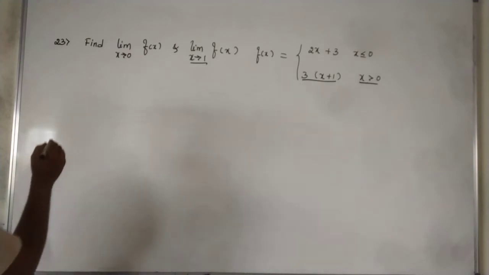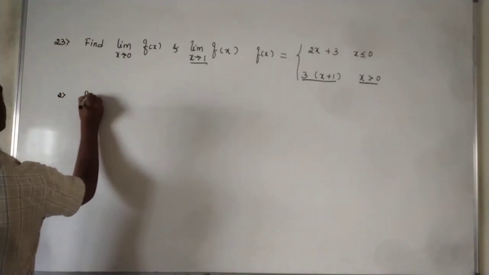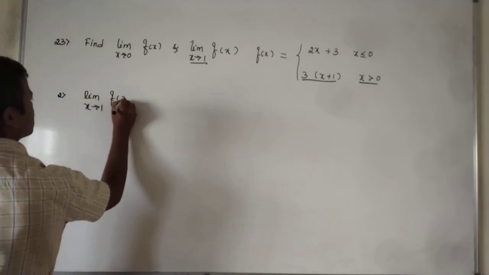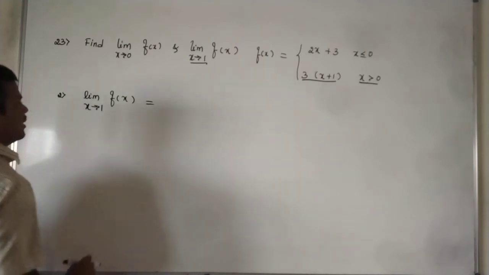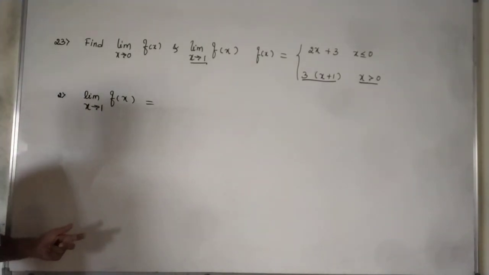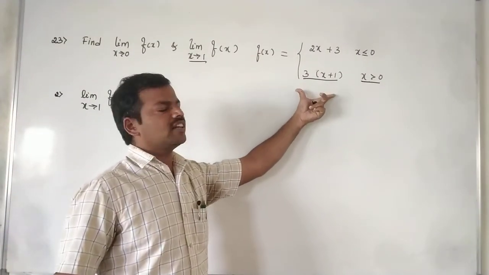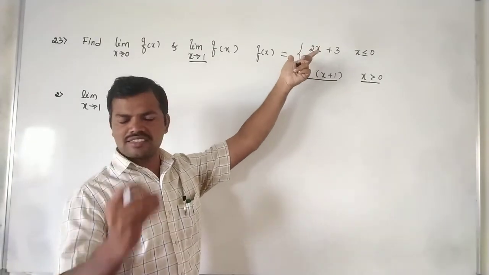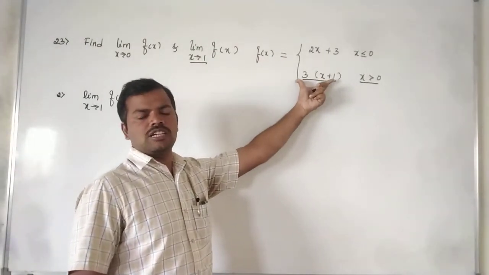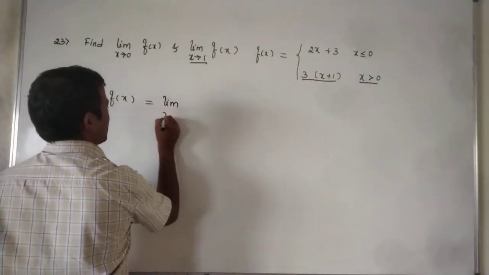Now we have to find the second limit, that is the limit as x tends to 1 of f of x. The limiting point is given, so which one should we use? x tends to 1 means what? It is greater than 0, so we have to use this function. 1 cannot be less than 0, so we have to use this function only, by the definition.